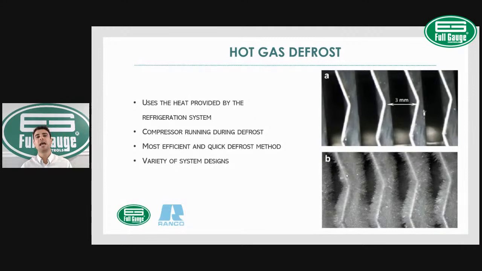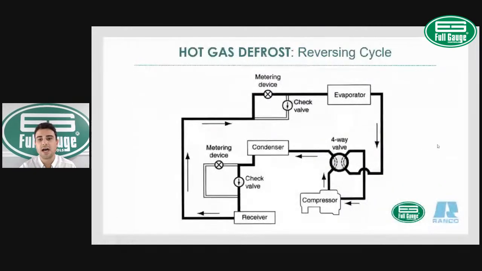For the hot gas defrost, there are a variety of system designs to achieve the same result. One of the most common hot gas defrost designs is the reversing cycle, where you have a four-way valve that changes the flow cycle of the system. So the compressor will send the refrigerant to the evaporator and will circle back through the condenser back to the compressor.